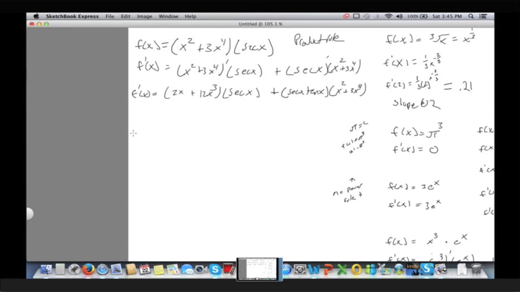f of x equals x to the fourth over sine of x. And let's find the derivative. All right.